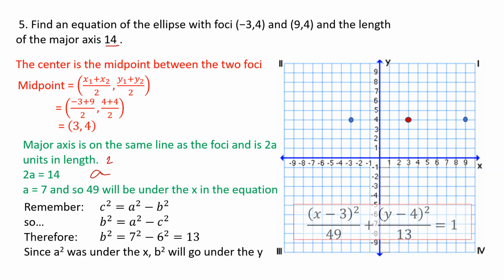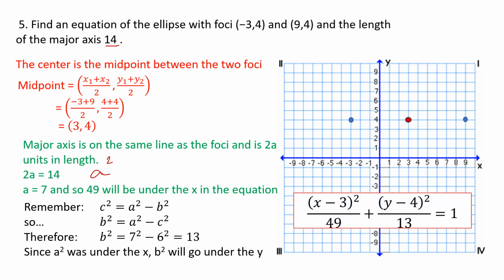And the equation of the ellipse, x minus 3 squared over 49. Remember, the center of the ellipse is 3, 4. And the required equation is x minus 3 squared over 49 plus y minus 4 squared over 13 is equal to 1.